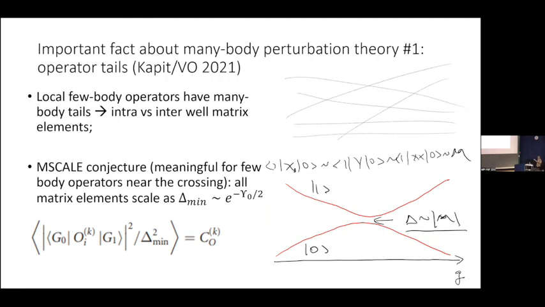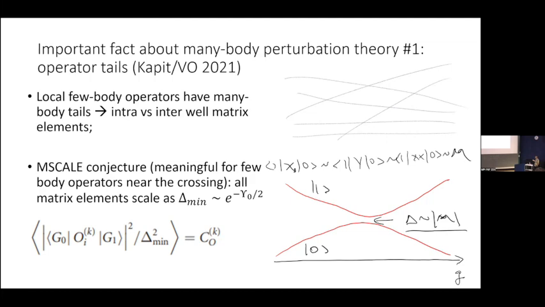Imagine going to a system where this is an exact crossing, and then you introduce a term in the Hamiltonian which mixes these states, and in degenerate perturbation theory, you will get a gap which is first order in the matrix element. Well, which matrix element, you might ask? Because these are many-body problems and these states are essentially unrelated, they differ by a large number of excitations.